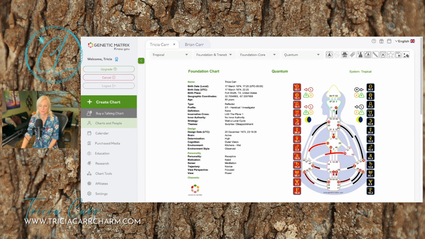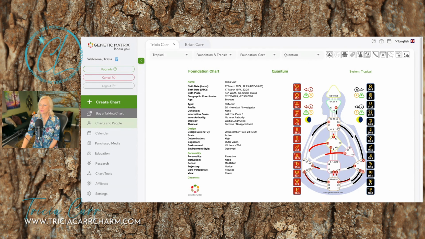All 3 of those indicate clairvoyance, and one of those indicates clairvoyance and claircognizance, the one in the very middle. It's gate number 61. So in the head, we have 64, 61, and 63. All 3 indicate clairvoyance, and 61 is clairvoyance and claircognizance. Okay? So that is the first set that we'll talk about.